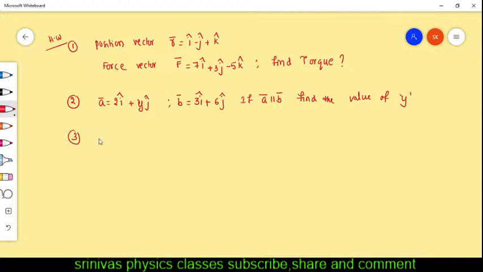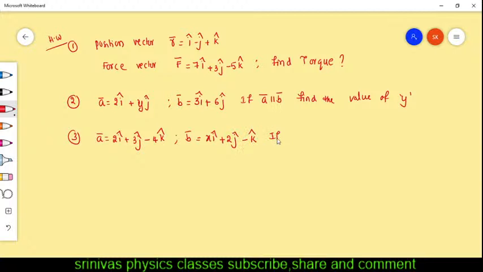And one more problem. A bar is equal to 2i cap plus 3j cap minus 4k cap. B bar is equal to x i cap plus 2j cap minus k cap.